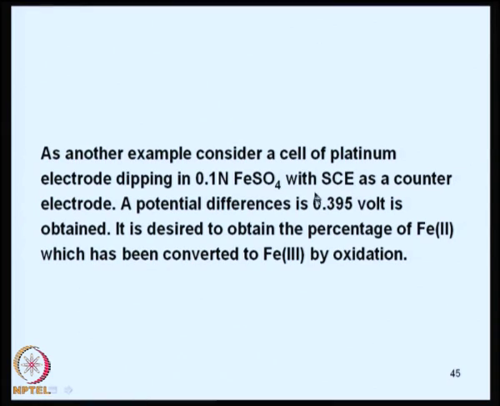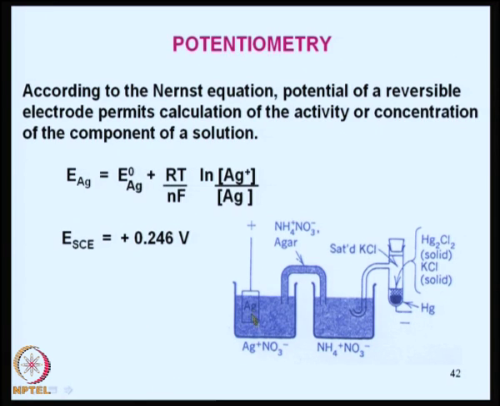One is a platinum electrode dipping in a solution of ferric and ferrous, connected through a salt bridge to the other system. The salt bridge is connected to the saturated calomel electrode, just like what I showed you in the previous one. Here is the iron solution with a platinum electrode; the rest remains the same.